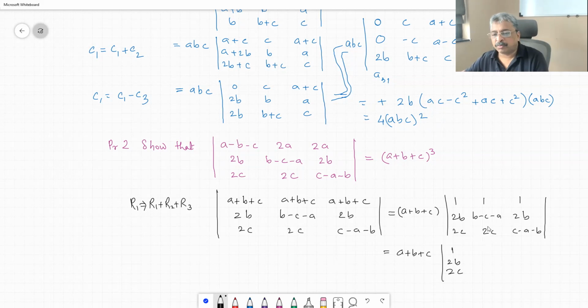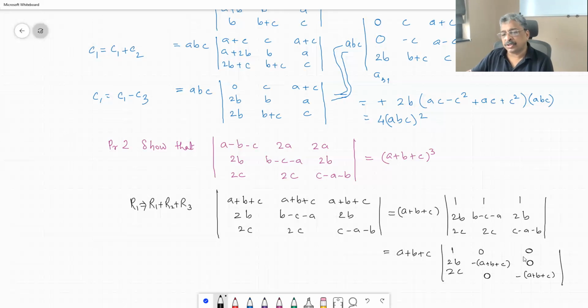Subtract the first column from the second: 0, this will be minus A plus B plus C, 0. Subtract the first column from the third: 0, 0, minus of A plus B plus C.